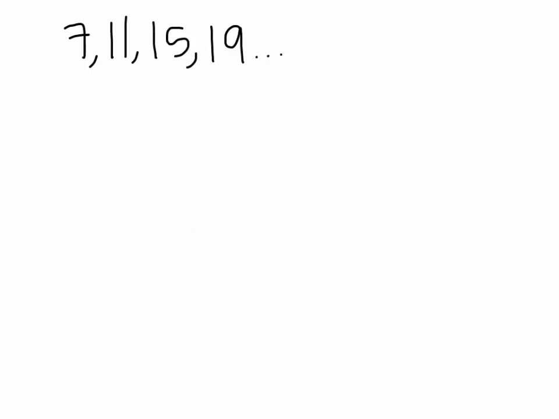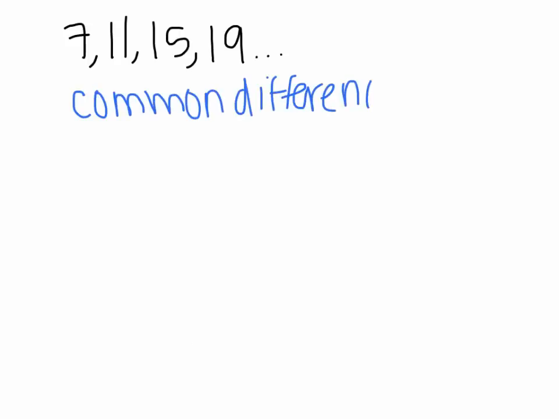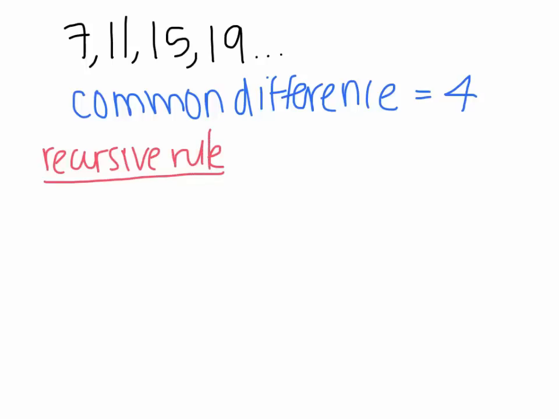What's this pattern here? How am I getting from one term to the next? You're right, you are adding 4 every time. So your common difference is 4. That means that the recursive rule is going to be that the first term is 7, and to get to any term in the sequence, take the term that comes before it and add 4.